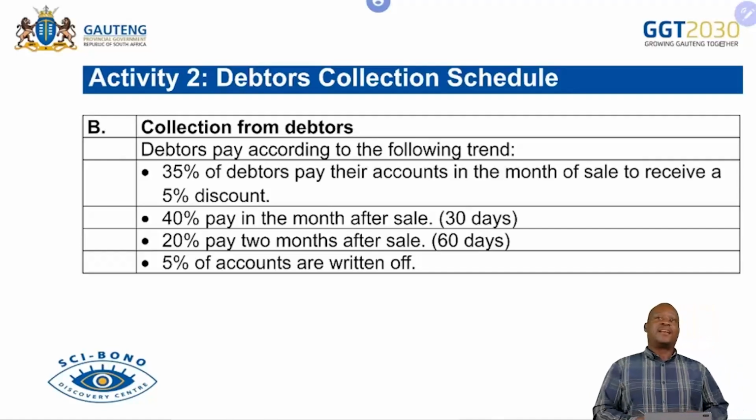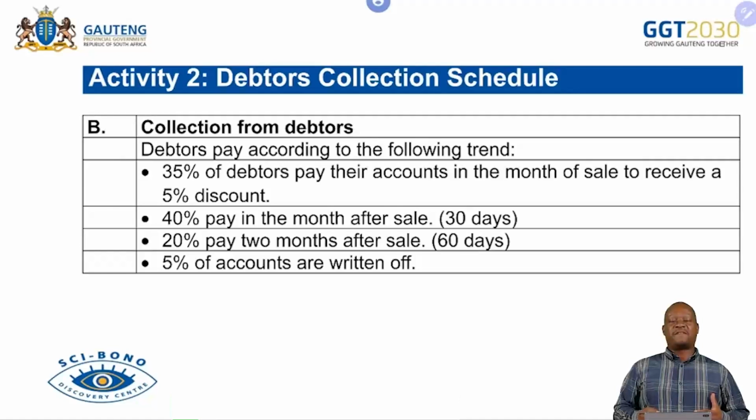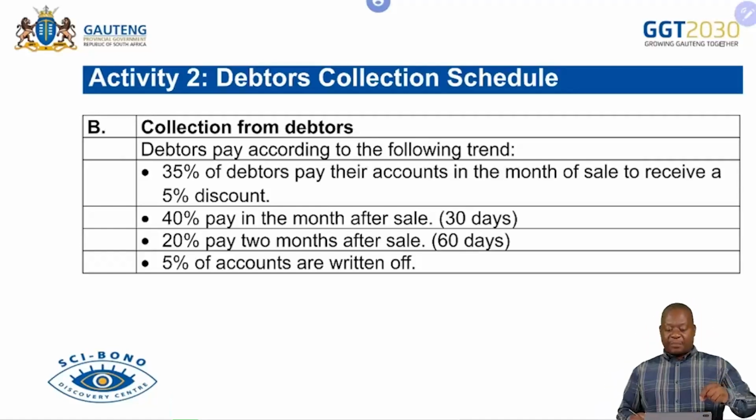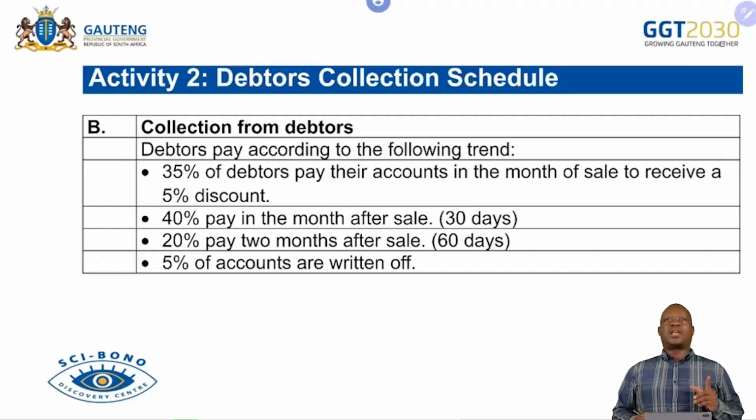Oh, now because there is an issue of a discount, we are having more debtors paying us in the first month, in the month of sale, which means you sell in January, 35%, they make sure they try to pay in January to get a 5% discount. 40% pay in the month after sale. Sale in January, they decide to pay in February. They are not going to get a discount, those guys.